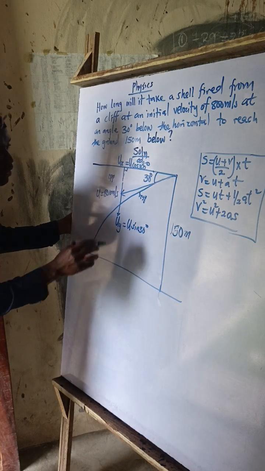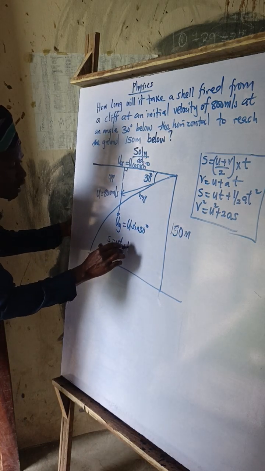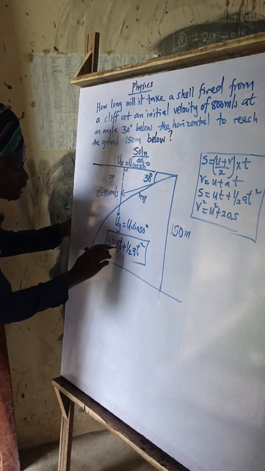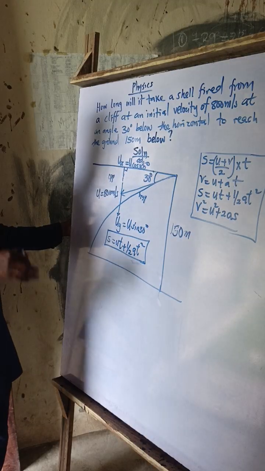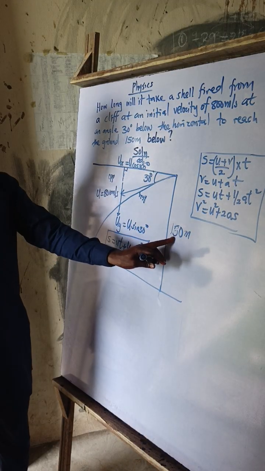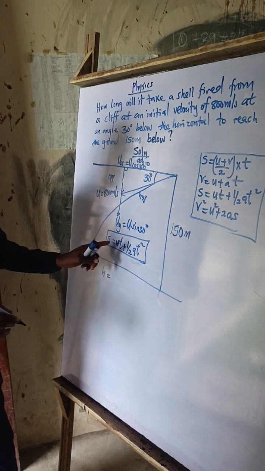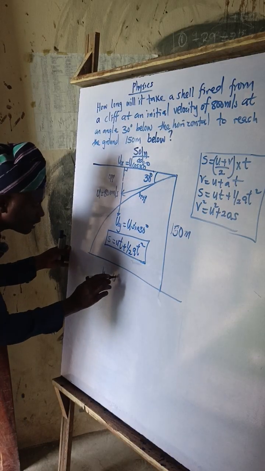So the third equation, according to Isaac Newton, we have s equals ut plus 1/2 at squared. Now, because this is for horizontal motion, but we are dealing with vertical motion, but downward motion, what we are going to do now is this s will turn to height. So we have h equals, then this u will turn to u_y, because we are dealing with vertical motion.